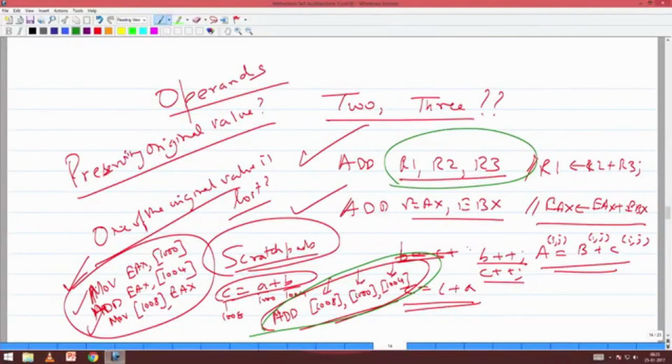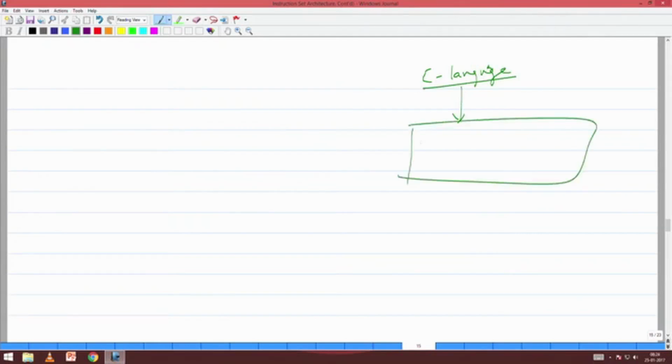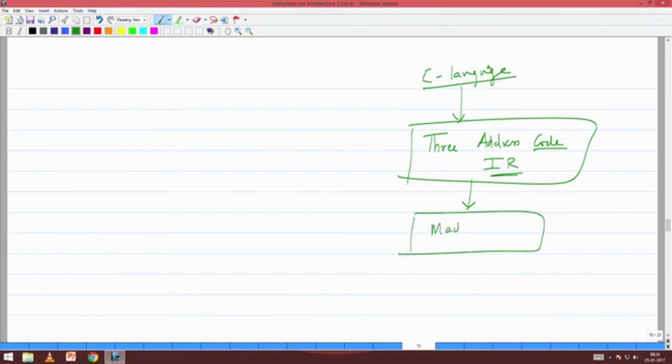One thing is, let us dig into compilers. You take a C language construct, and this gets converted into what we call 3 address code, or 3 address intermediate representation, IR, right. Then this 3 address code is converted into machine code.